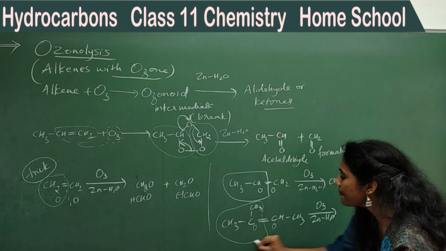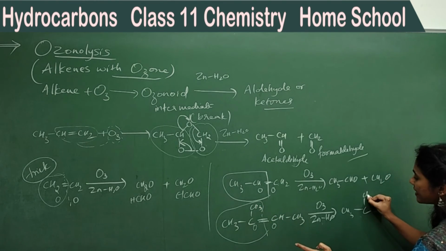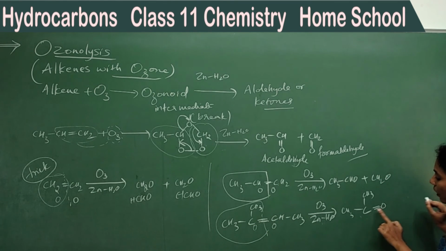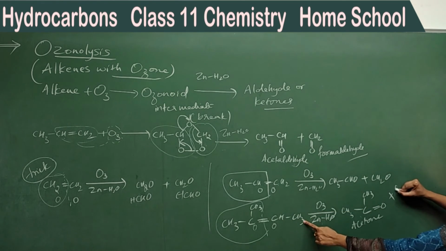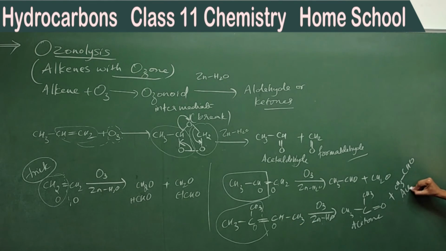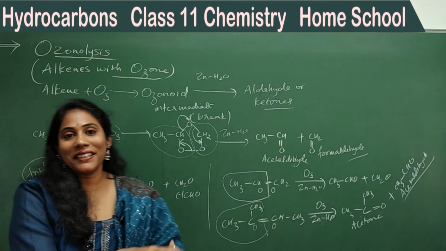You will get CH3C, this CH3 is as it is, and oxygen to this carbon. Always oxygen is connected with a double bond to a carbon, right? So this is acetone. Another product is, this CH3 is as it is, CHO. You got acetaldehyde as another product. Isn't it? So simple. So tell me, how did you feel about the trick?